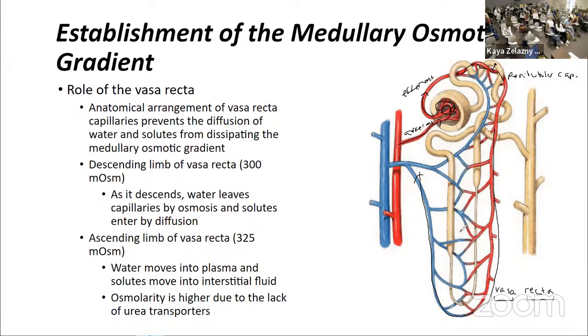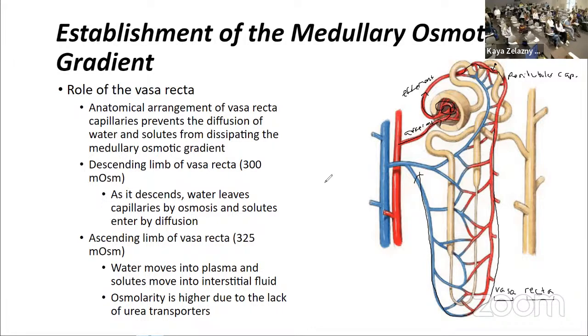And we tend in nature to want to come to equilibrium. So even though we set this up, if you let it just sit still for a long time, it would start to sort of wash out and dissipate. But because we have this blood flow continuing to move, water basically moves into the interstitial fluid, but it doesn't stay there. It does go into these vasa recta.